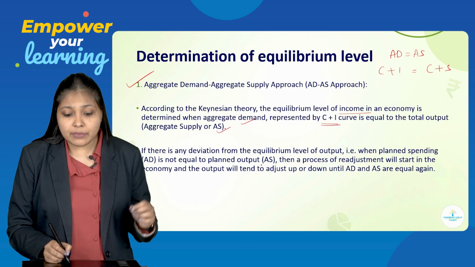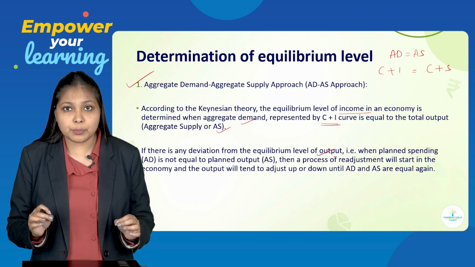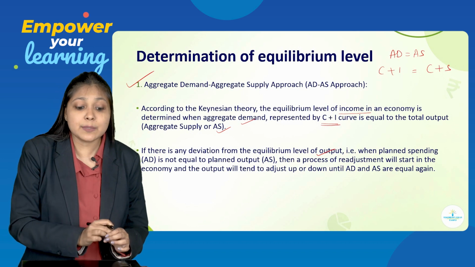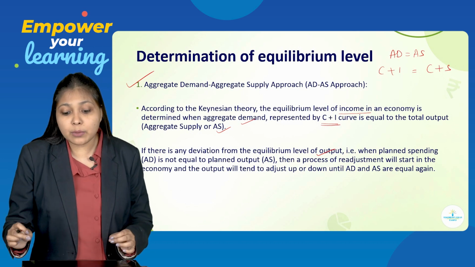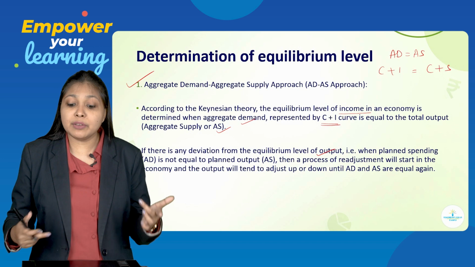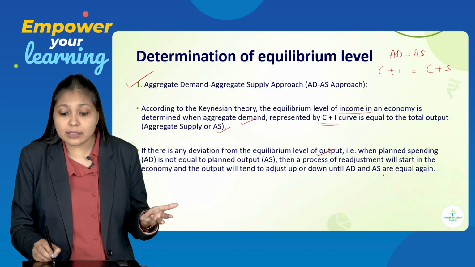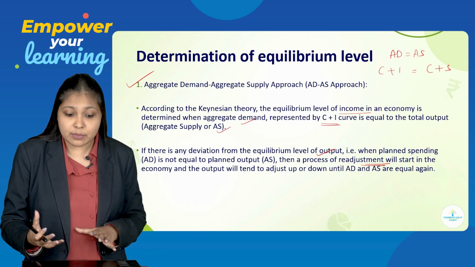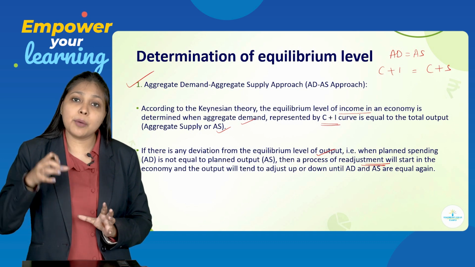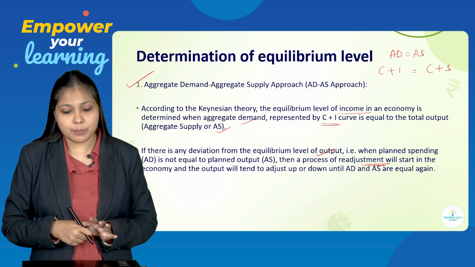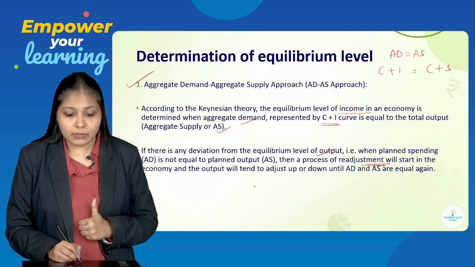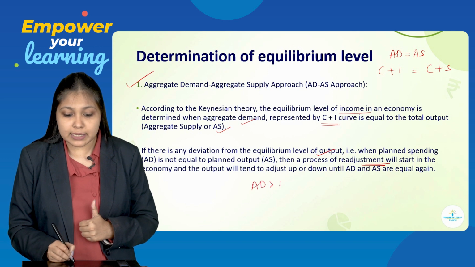If there is any deviation from the equilibrium level of output, that is when planned spending AD is not equal to AS, then what will we have to start? We will have to start the process of readjustment so that the economy comes to the equilibrium position. That means we don't want AD more than AS.